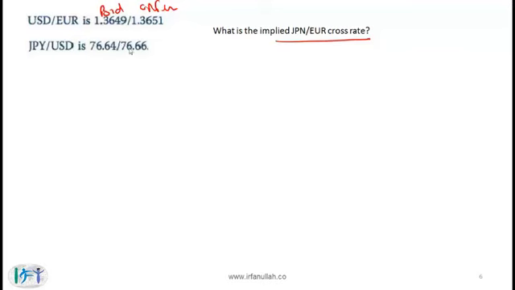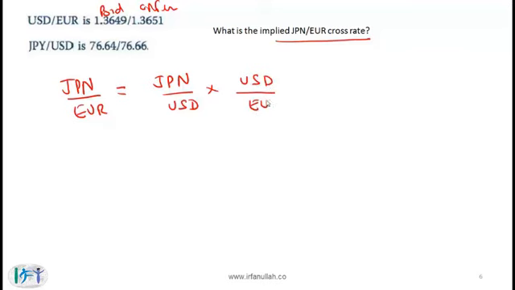So let's try and calculate this. The Japanese yen to euro cross rate is equal to the Japanese yen to USD multiplied by USD to euro. If you recall from your very basic algebra, when you multiply these two expressions, the USD cancel out.